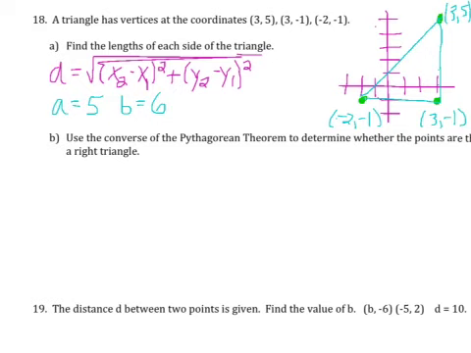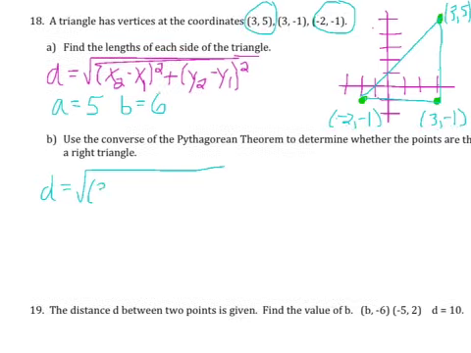So I'm going to do the distance formula down here. So for x2, we're working with these 2 points right here, (-2, -1) and (3, 5). So for x2, I'm going to plug in a 3, and then I want to subtract a -2 and square it. And then for y2, I'm going to plug in 5 and subtract a -1 and square it.